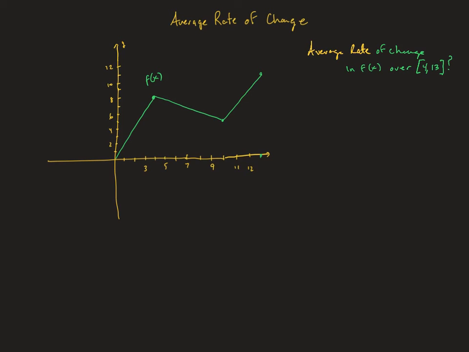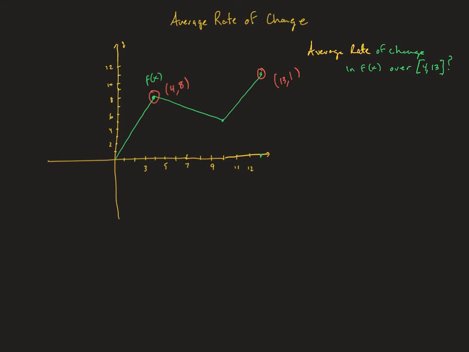Okay, so the interval of 4, 13 is going to begin here and end here. So if I think about the average rate of change, I need to know my y and my x values. So my x values are going to be, of course, 4 and 13, and then my output, my y value, is going to be 8 and 11.